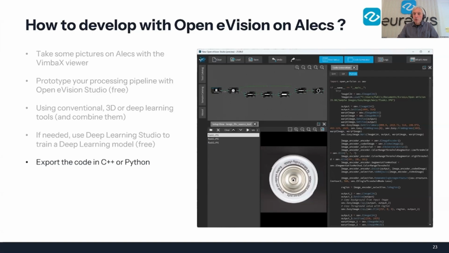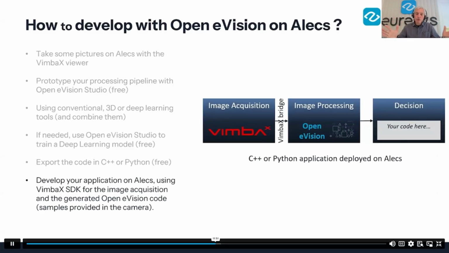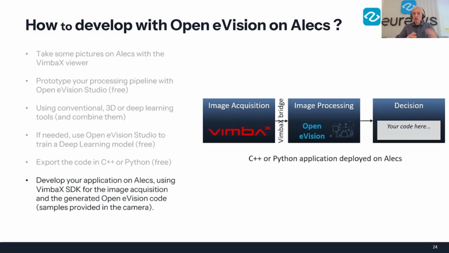And you can generate the code in 3 different languages: C++, C#, and Python. So after you design your processing pipeline in Open eVision Studio and test it with the picture, and you get good results, then you can use that code in the embedded application that runs on Alex.